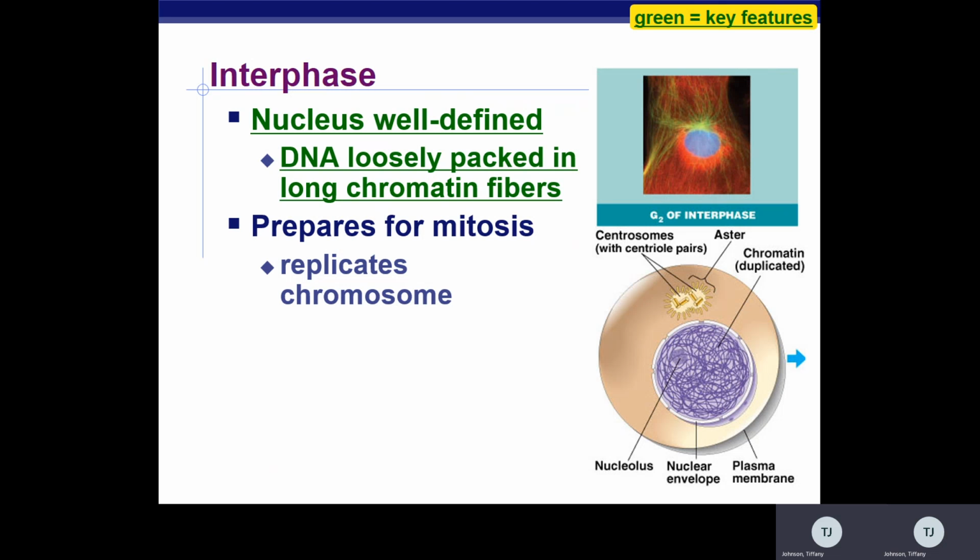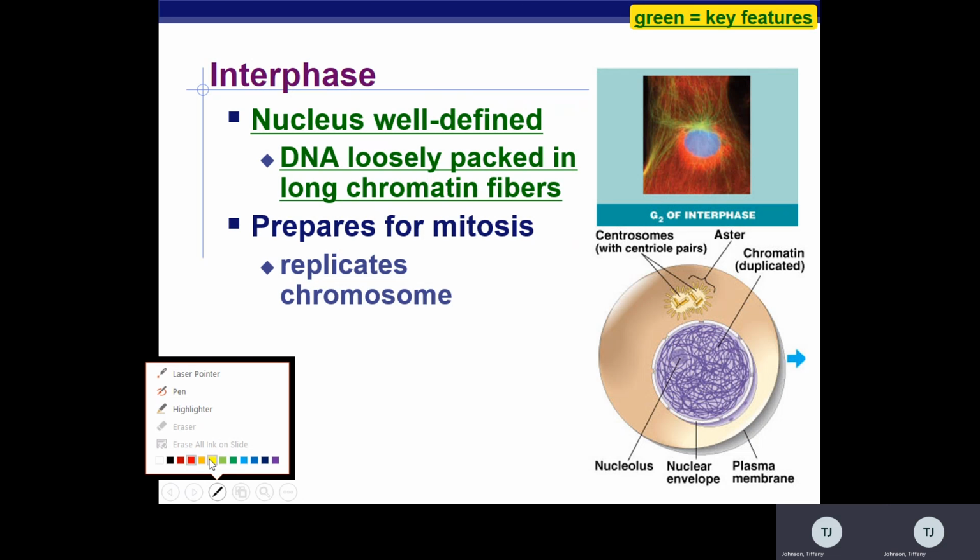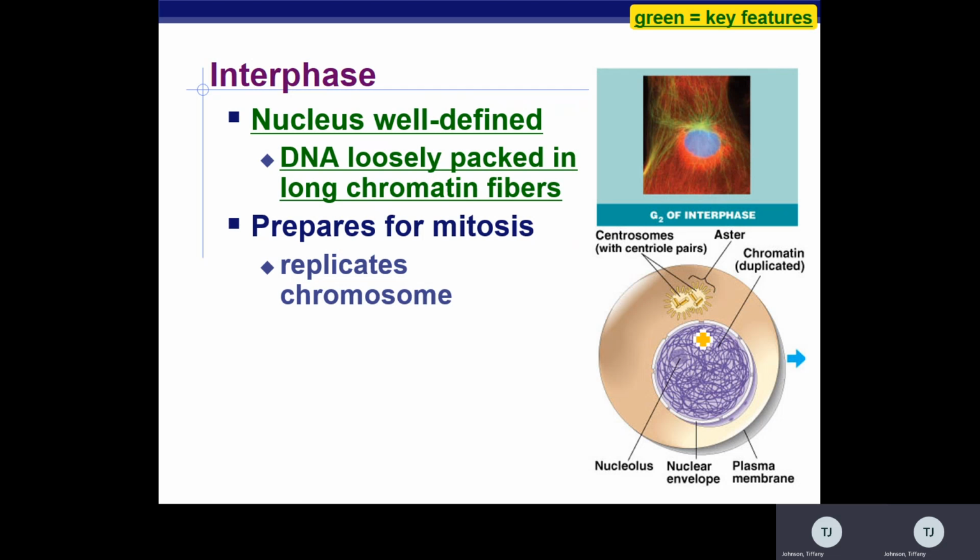In interphase, you'll notice that the nuclear membrane, or the nuclear envelope, is well defined. Okay, so you can see it. It is all there. You'll also notice that there's still a nucleolus. It still exists.